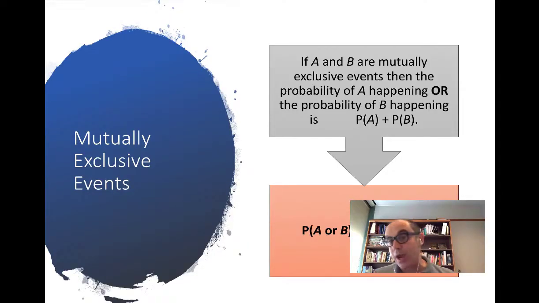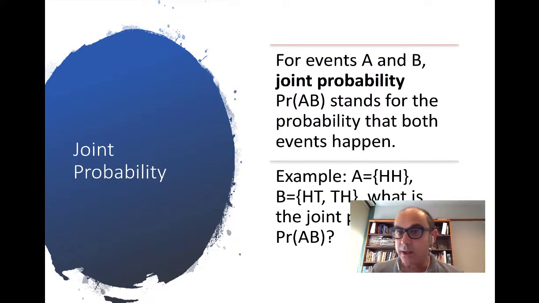How do we calculate that? If A and B are mutually exclusive events, then the probability of A or B equals the probability of A plus the probability of B. This is easy. This is something that we probably already thought about.